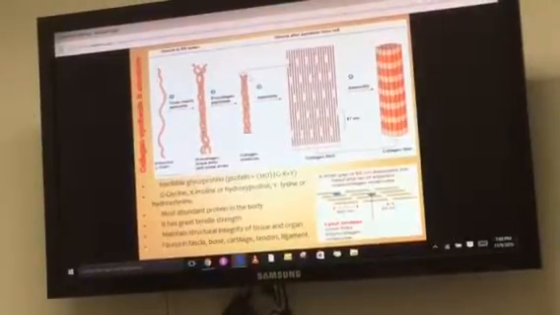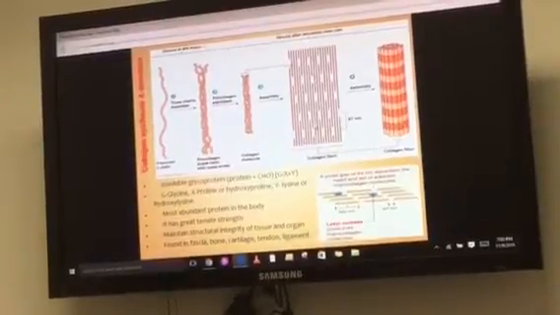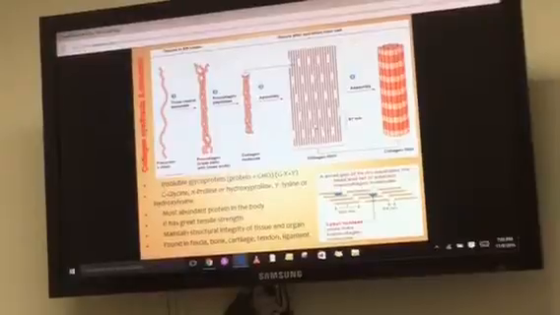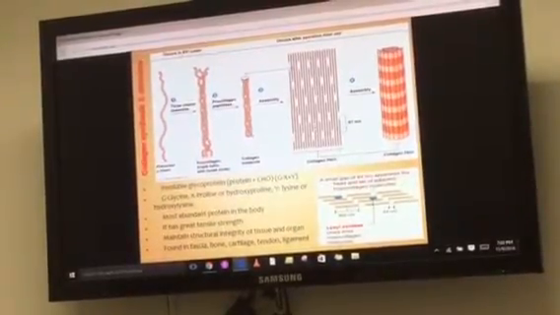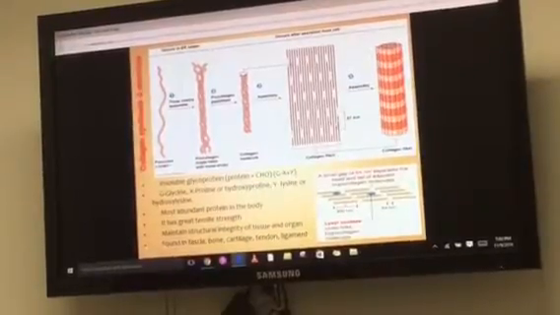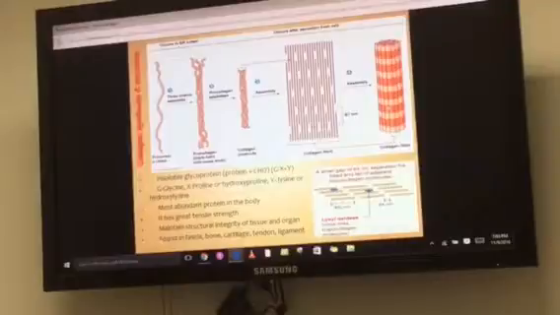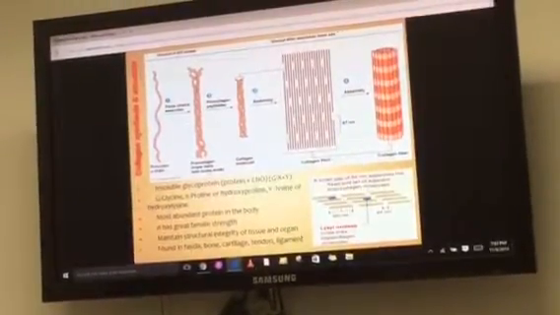Then it's collagen molecules, which get assembled into collagen fibrils. They are combined together and staggered, I guess for more strength.